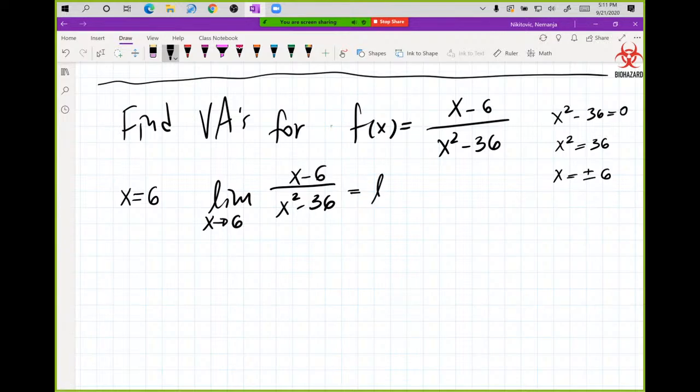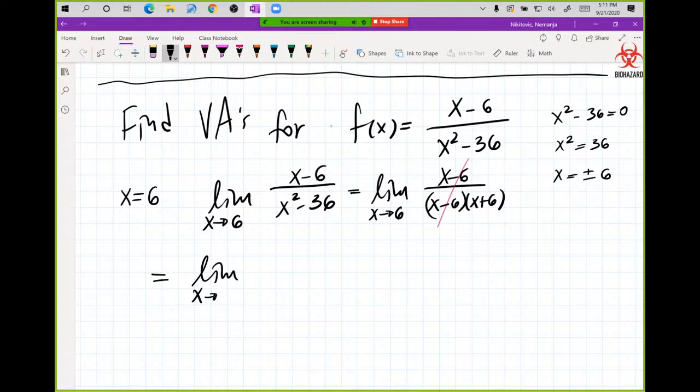So the limit as x goes to 6 of x minus 6 over x minus 6 times x plus 6. These cancel, and you are left with the limit as x goes to 6 of 1 over x plus 6, which you can now plug in, and it's 1 over 12.